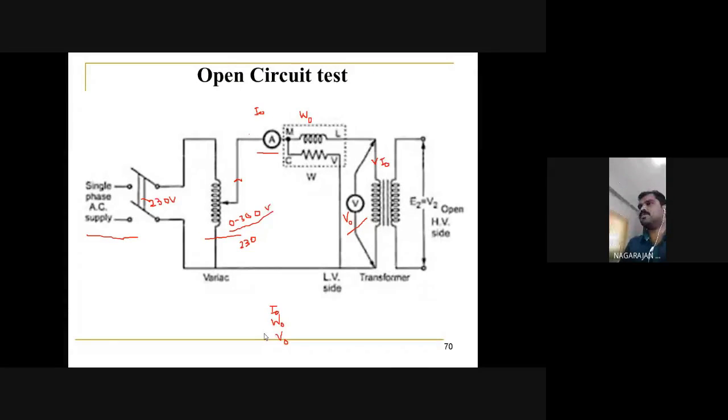So that is the reason we perform the open circuit test on the low voltage side. The high voltage side is kept open. We adjust the autotransformer up to the rated voltage. Always keep that in mind: the open circuit test is done up to the rated voltage, and the short circuit test is done up to the rated current.